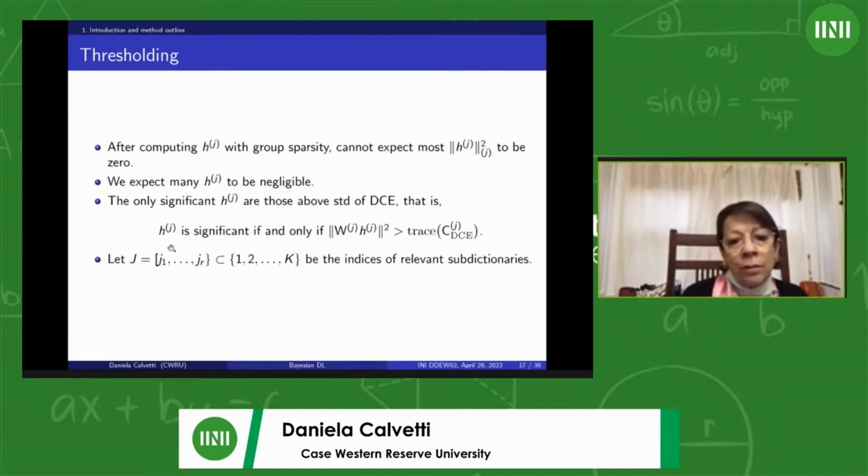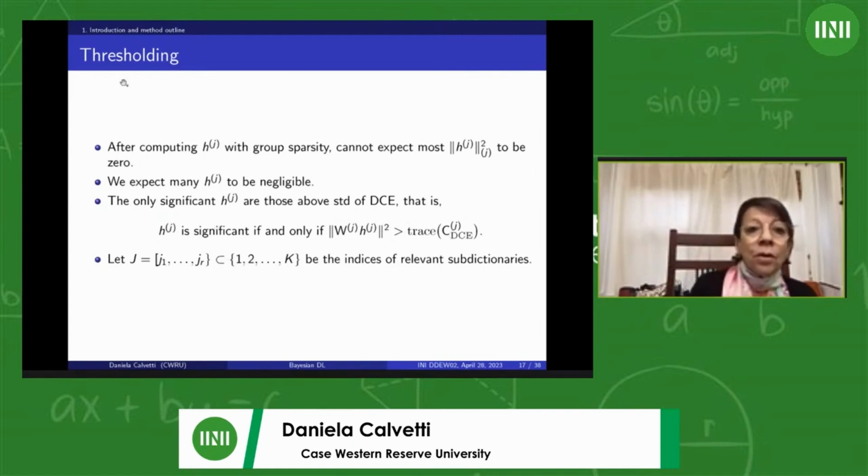Since we have computed the dictionary compression error, in fact we can compute the subcompression error for each one of the subdictionaries, and we only say that Hj is significant if the contribution to B from the corresponding feature vectors is above, let's say, the noise in the representation. So we're taking the trace of this covariance here.